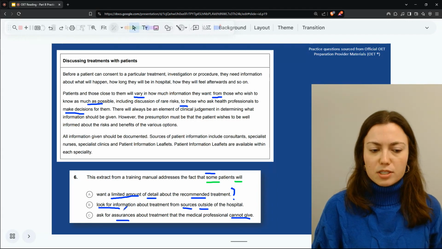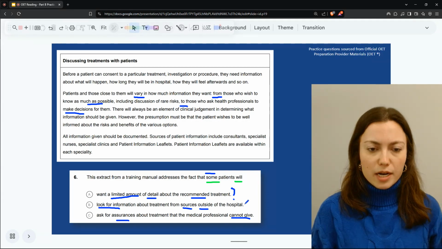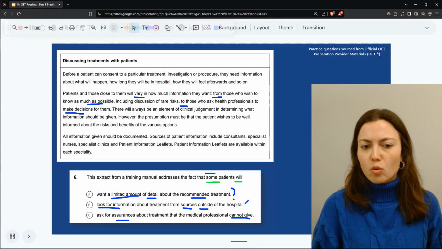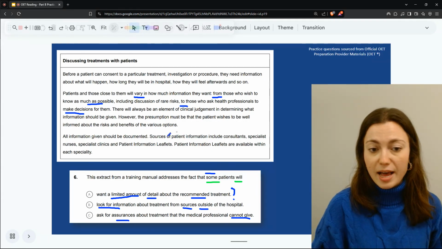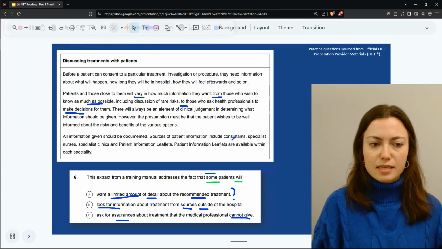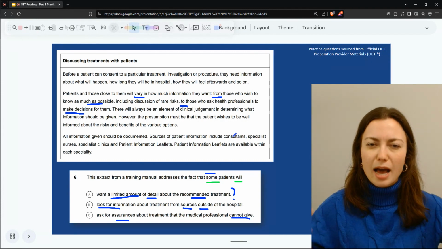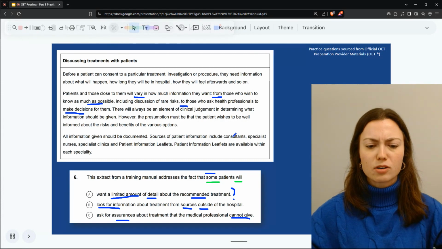So here's my question for you for B. Look for information about treatment from sources outside of the hospital. Where in there does it say that? We have a list of possible sources, but is there anywhere that actually says the patients go and seek that out or look for that, like the active verb of investigating or searching?